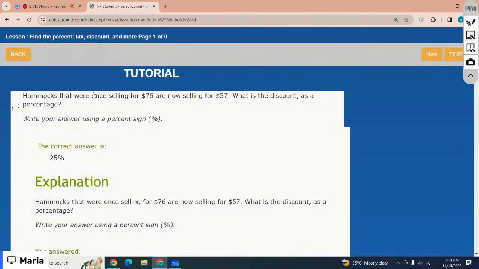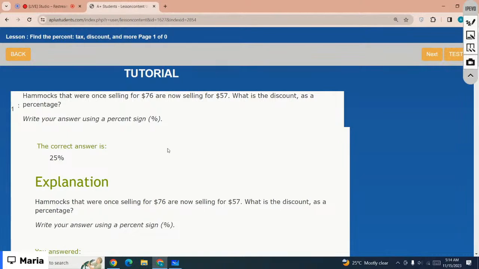Okay, the first example. Hammocks that were once selling for $76 are now selling at $57. What is the discount as a percentage? You need to calculate the discount as a percentage, right?